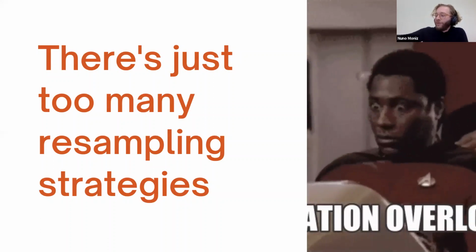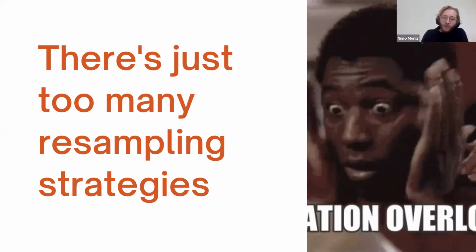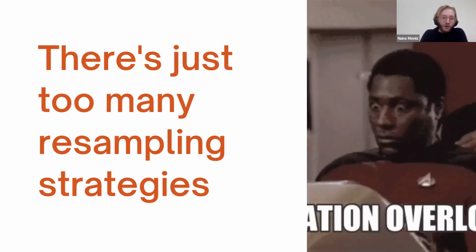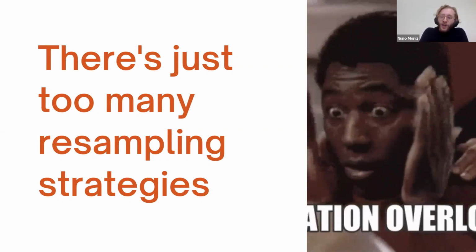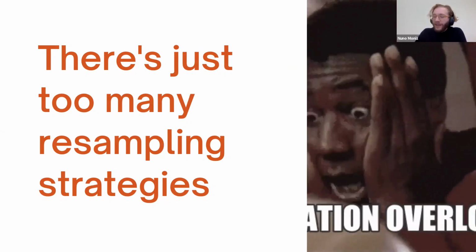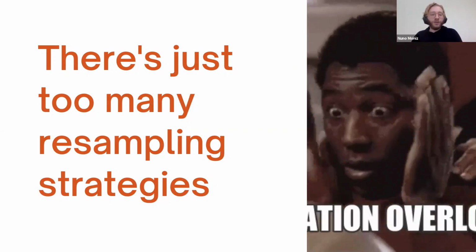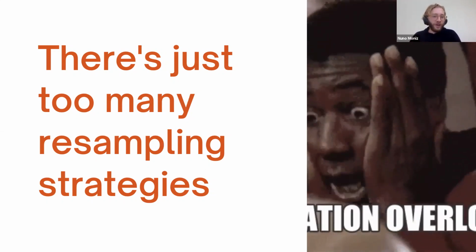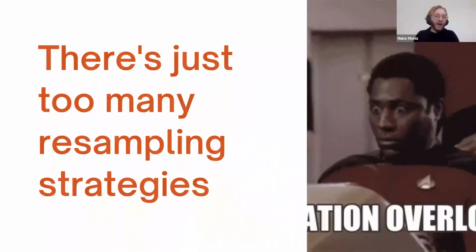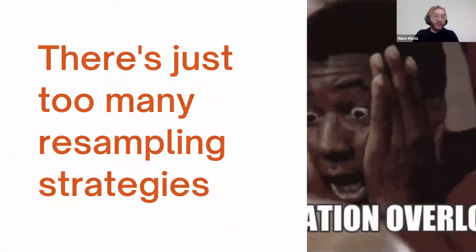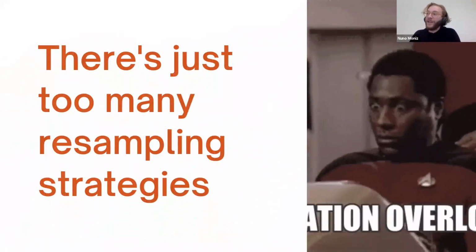There is a simple problem at this moment. You just have too many resampling strategies to test. It's not tractable to choose like 10, 20 resampling strategies, a considerable hyperparameter grid to test, and combine that with the learning algorithms that you would have to combine them with and their hyperparameter settings.